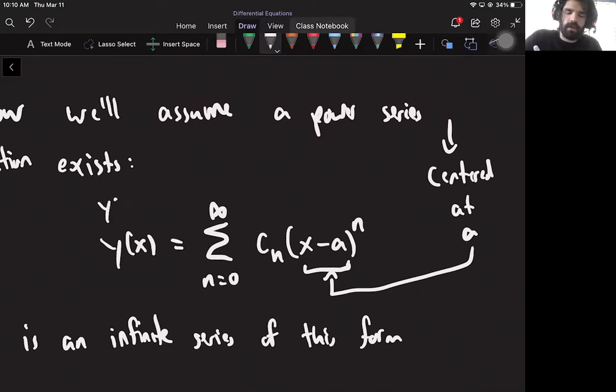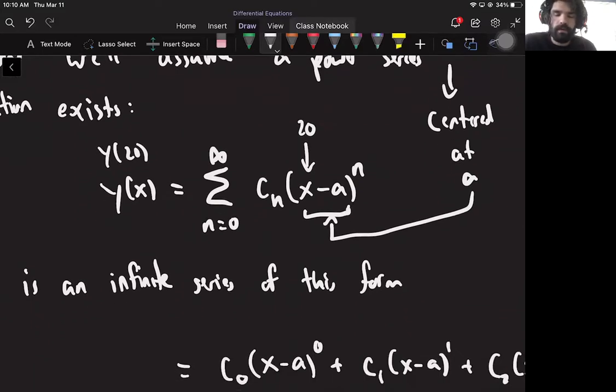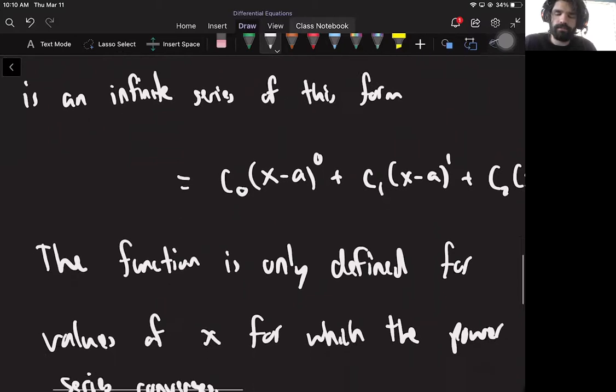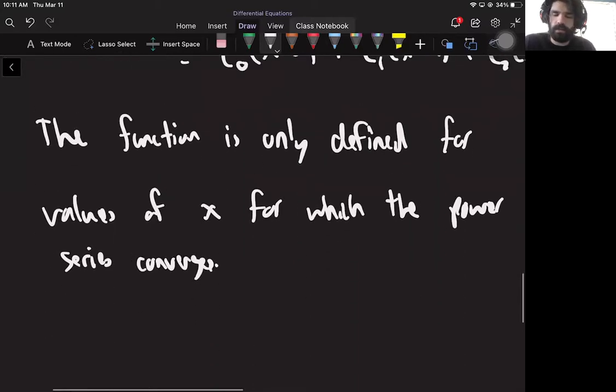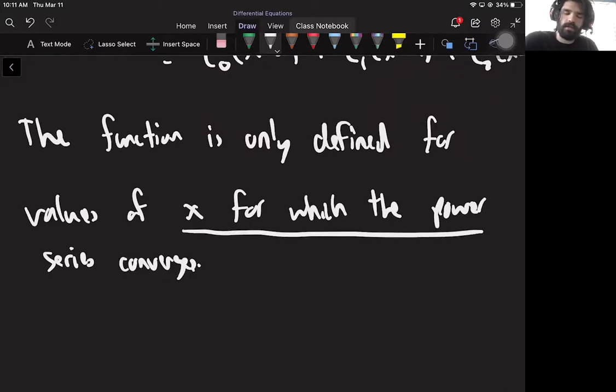If you check like y of 20, and you put 20 in here, then you might end up with something that doesn't converge, doesn't add up to a finite number. So then your function doesn't make sense over there. It only makes sense when it adds up to a finite number. And that is what you do in calculus. You figure out when this happens. You figure out for which x's the power series converges, and that is called finding the radius of convergence.